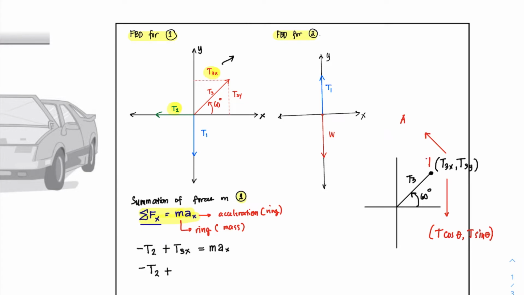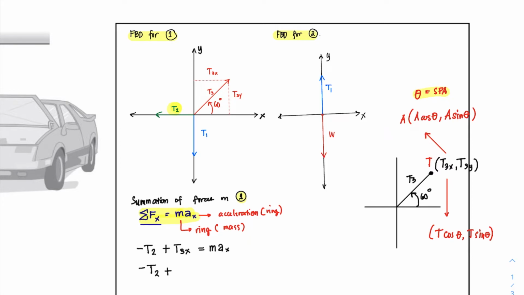Now maybe what you are familiar with in our class is if you have vector A, this is vector T, you have a cosine theta and a sine of theta. Now, of course, the theta is measured in standard position, right? So that's really the condition for this to hold. Now, in this case, for T3, I would like you to check out T3, and T3 is right over here.